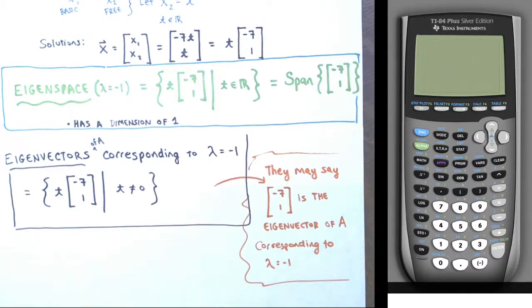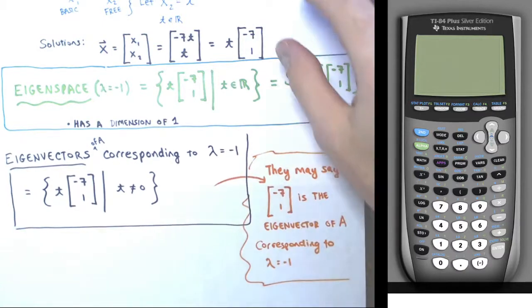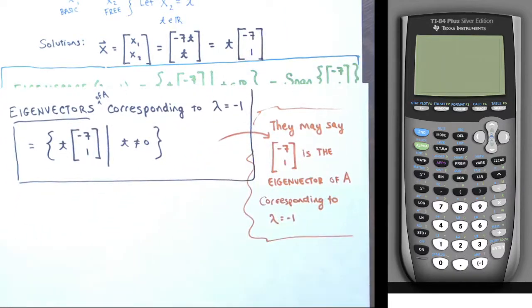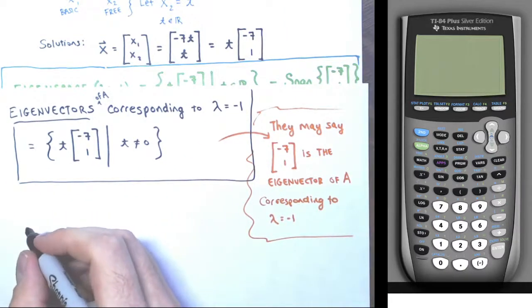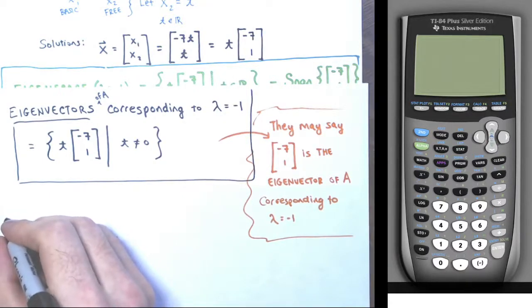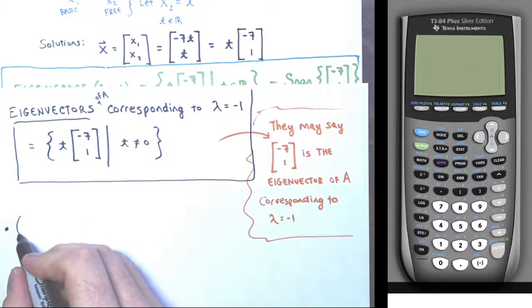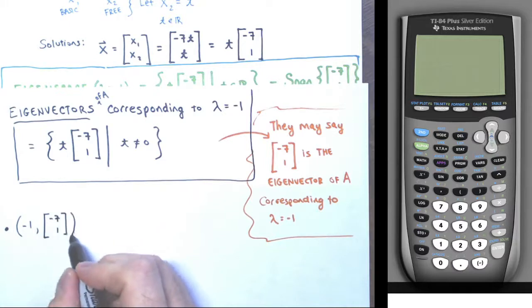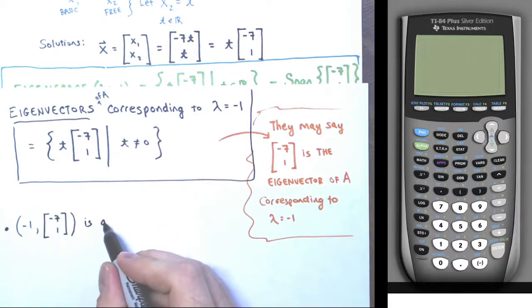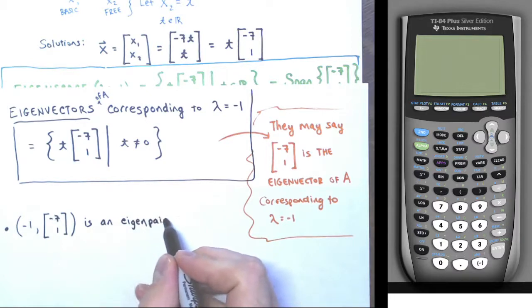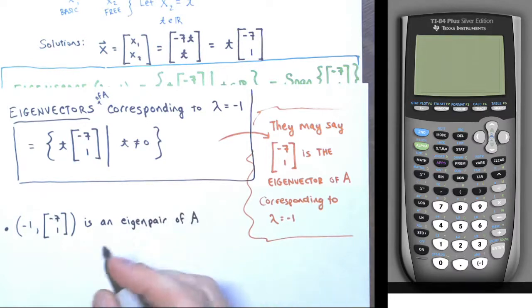And let me show you. Let's see if these actually satisfy that. Remember the definition of eigenvector, eigenvalue, eigenpair. So let me demonstrate this here. So -1 and the vector -7, 1, obviously this would be an eigenpair. And we can test that out.